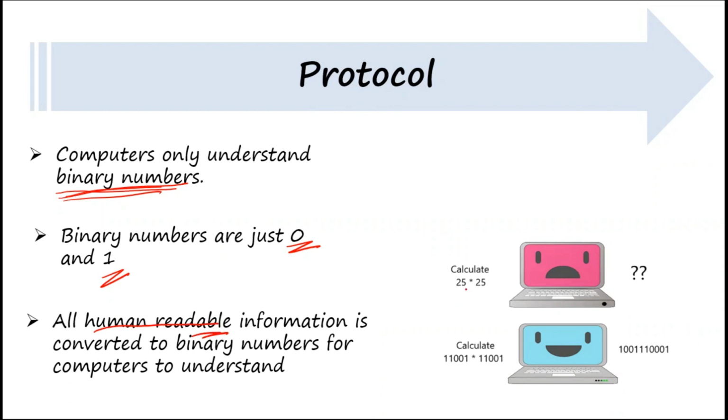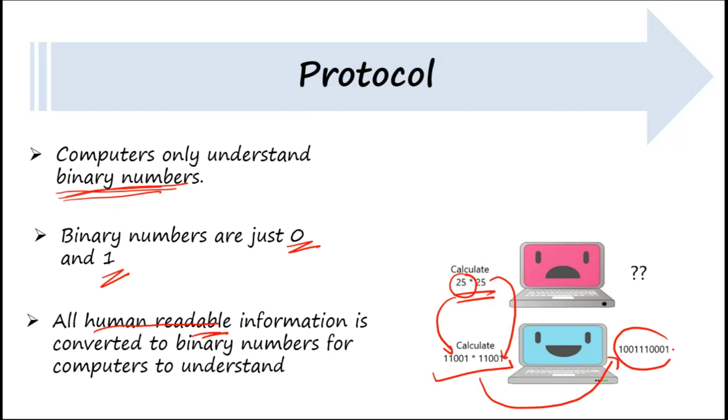In this very simple image, when we calculate 25 times 25, that is the language we speak, but the computer cannot understand that. The computer needs to convert this number into a series of ones and zeros. Similarly, it converts this number into a series of ones and zeros, then it computes the result and provides this one.